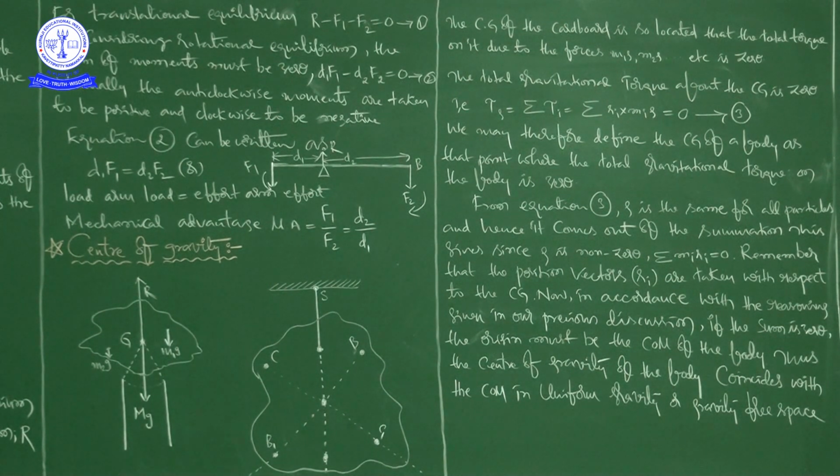So what is meant by regular bodies? Rectangle shaped, circle shaped, square shaped, triangle shaped. When we give some definite shape, we call it a regular body, right? But when we are not attributing any shape to a body, when we are not giving any shape, that is called an irregular shaped body.